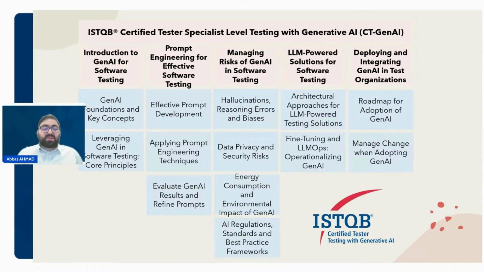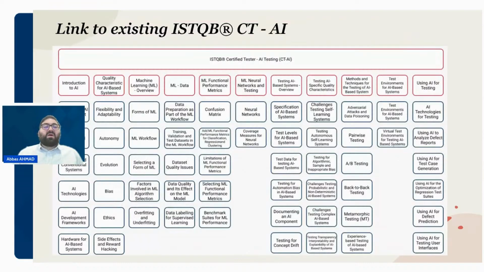Now I want to speak a little bit on how it links with other syllabi in the ISTQB ecosystem. We have in the ISTQB a syllabus about Certified Tester Artificial Intelligence, so CT-AI, which is the syllabus speaking about how do I test an AI model, how to test the AI.